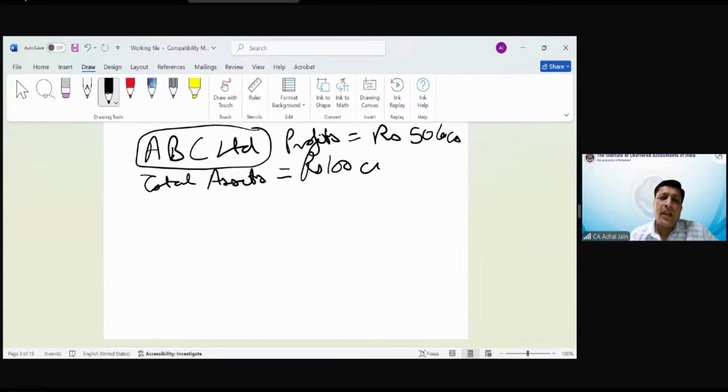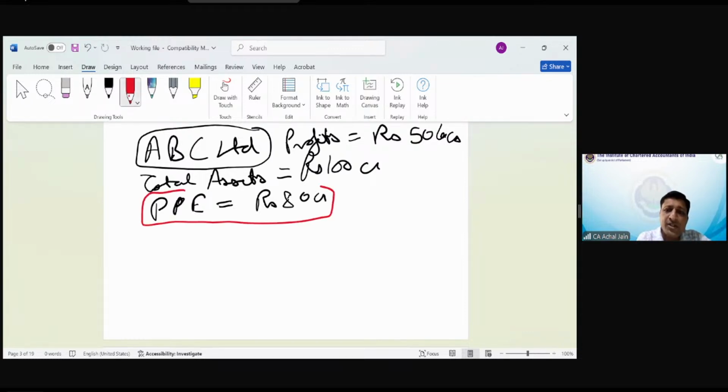And in relation to one item, the PPE, the company is in this capitalization phase and coming up new. So the PPE is approximately 80 crore. So the significant chunk of the balance sheet is PPE. It's a significant component of the balance sheet.